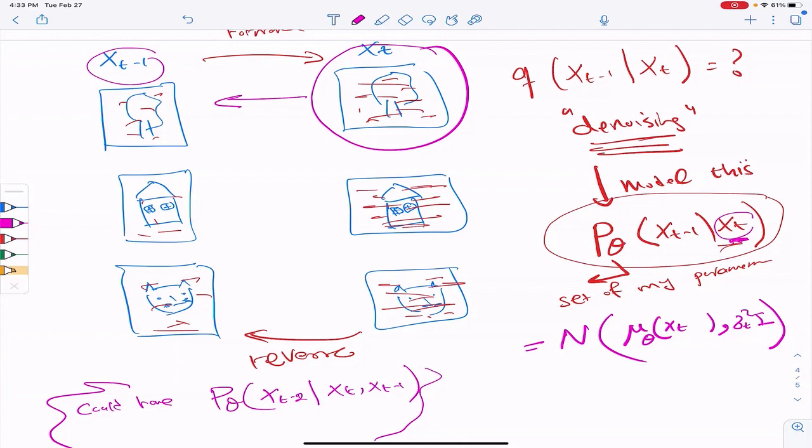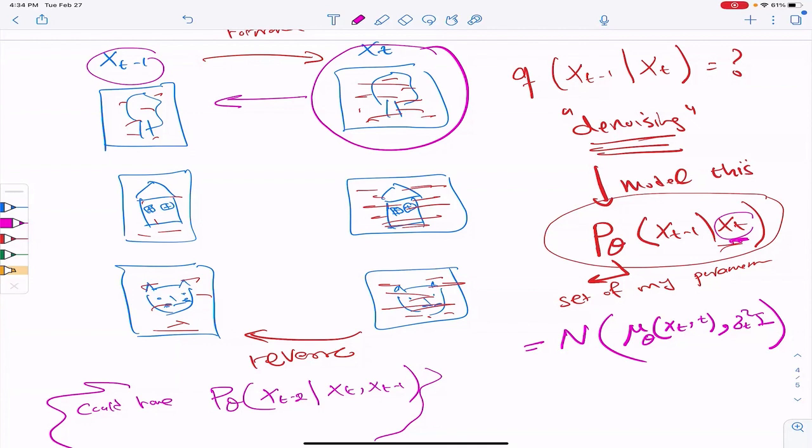You are saying that you get a distribution at time t, and you go back a little bit. Obviously it has to be a function of xt, but does it have to be a function of time or not? I would say not necessarily, right?